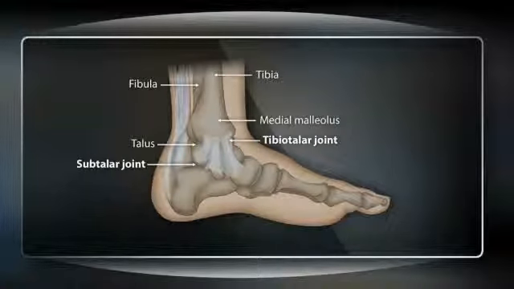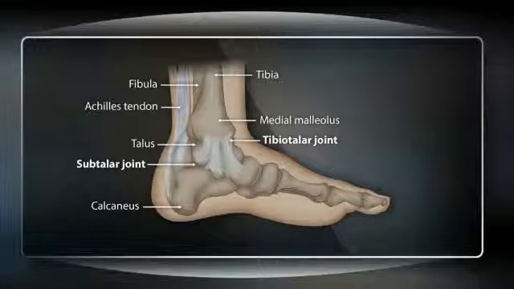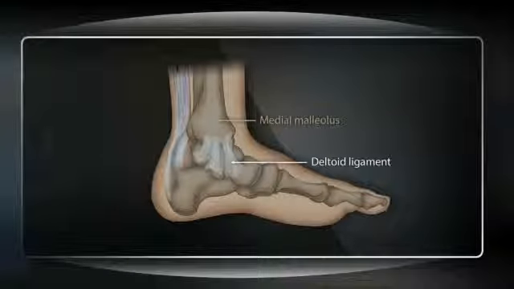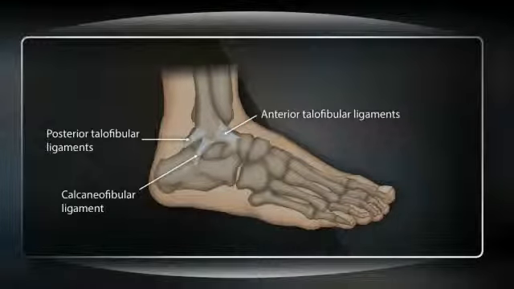The medial malleolus is the bony prominence at the distal end of the tibia, and the lateral malleolus at the distal end of the fibula. The heel bone is called the calcaneus. Note the strong Achilles tendon. Ligaments include the deltoid ligament fanning out from the medial malleolus, the anterior and posterior talofibular ligaments, and the calcaneofibular ligament.